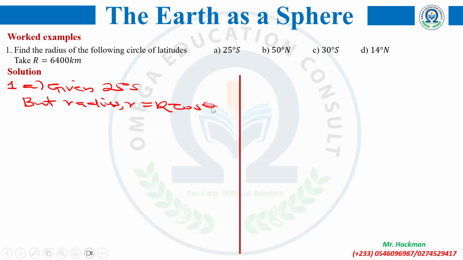Remember we said theta is the angle of latitude, and here the angle of latitude for A is 25 degrees. However, your R is given as 6,400 km. So this will be equal to 6,400, ignore the unit for now, times cos of your angle of latitude, which is 25 degrees.